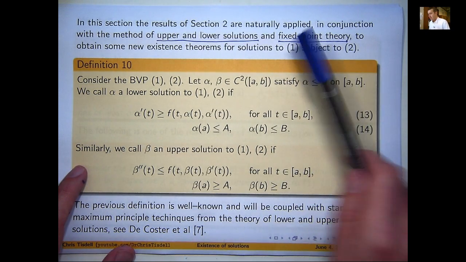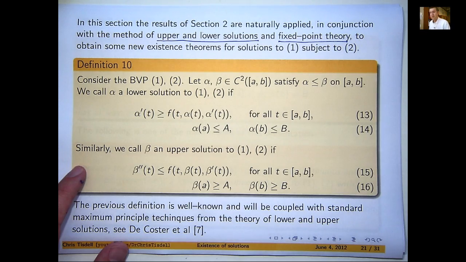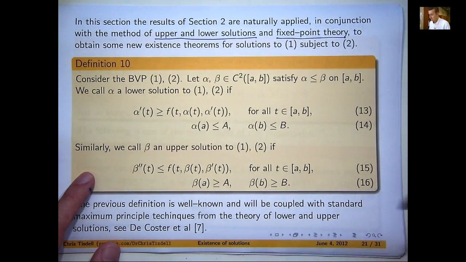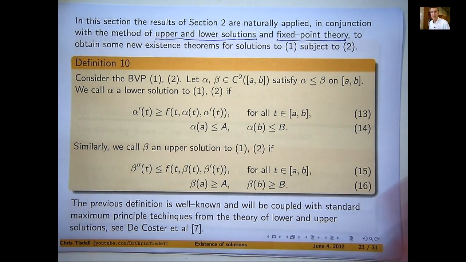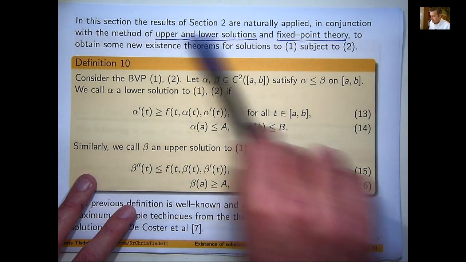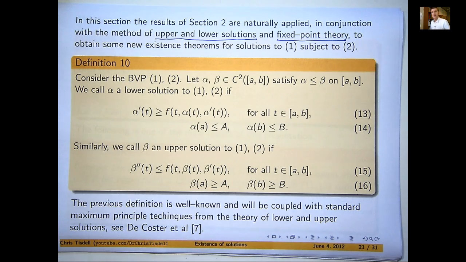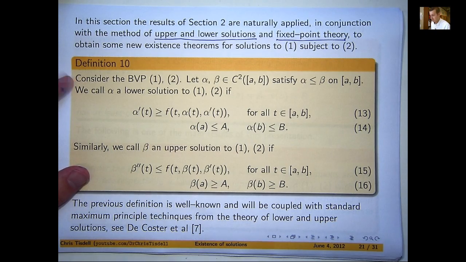I'm going to concentrate on the upper and lower solutions ideas rather than the fixed point theory. I'll leave the fixed point theory for another video because the ideas in there are quite deep. If I just concentrate on this, then the content in this video should be understandable by a much larger audience. So that's my aim.